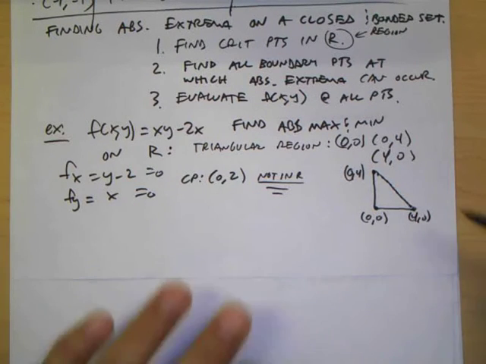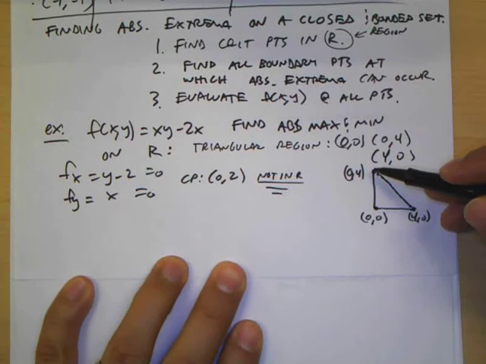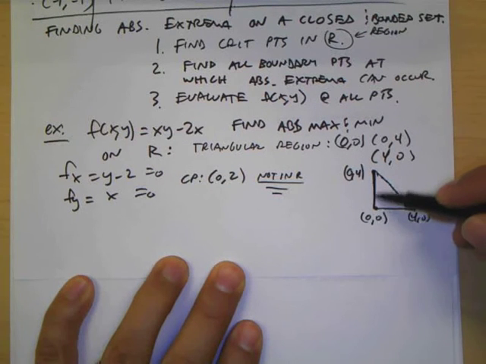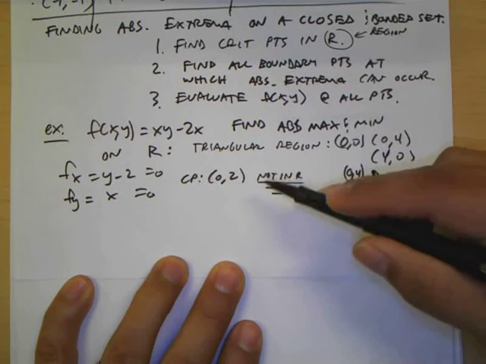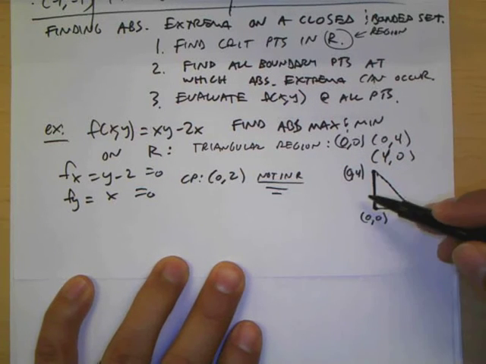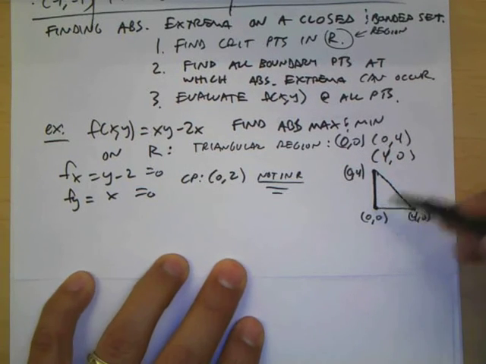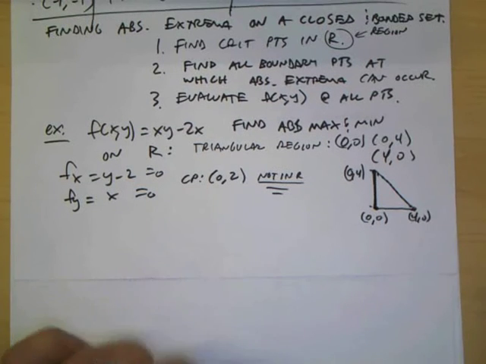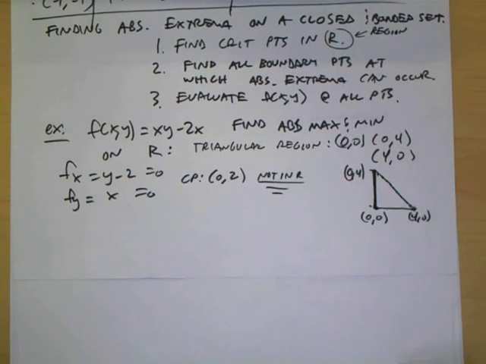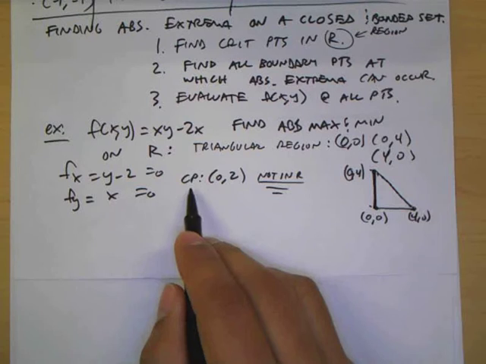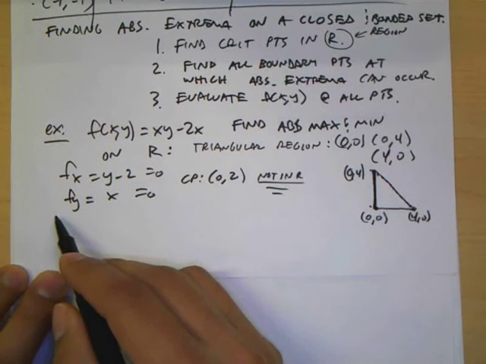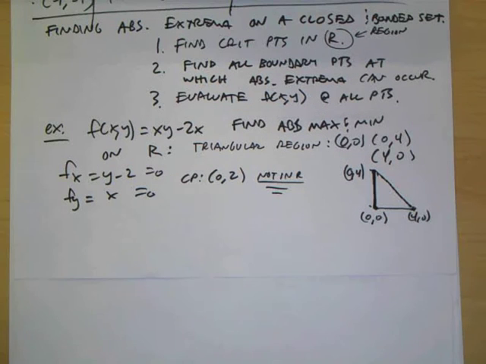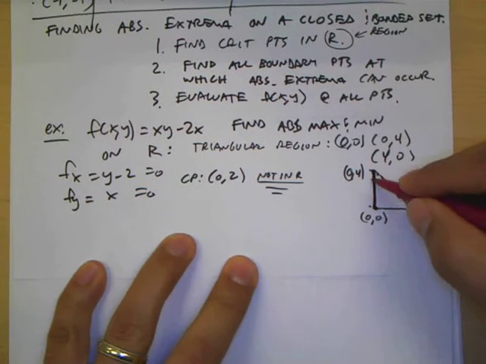Because as we test this boundary from 0, 4 to 0, 0, when we find any critical points here, if 0, 2 is the way to go, then 0, 2 will come up as a critical point. Otherwise, we would just use the endpoints. Okay? Since that's the only critical point we would get, but it's not in R, the second thing we do now is test the boundary lines.